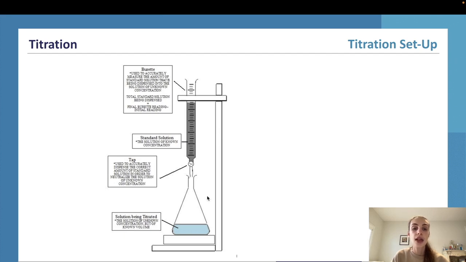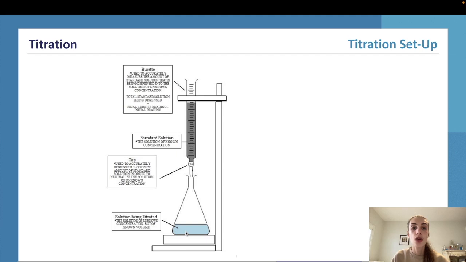And so in our flask, we're going to have the solution being titrated. And so the solution being titrated is going to be our solution of unknown concentration. So that's the solution which we want to be trying to find the concentration of. So this is what we call the analyte. It is the one which we are analyzing, and we want to find what the concentration of that is going to be.